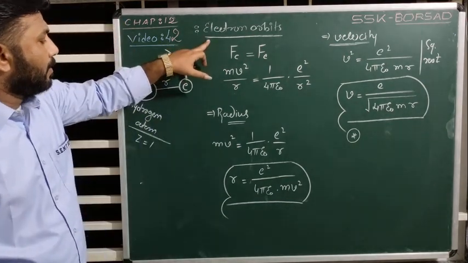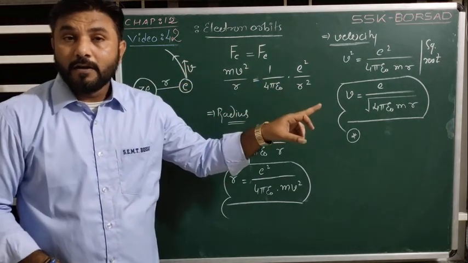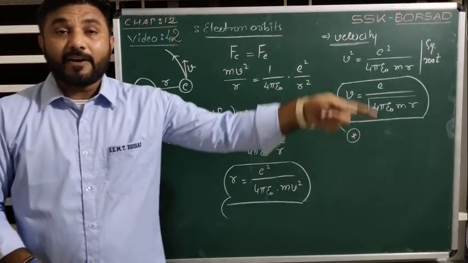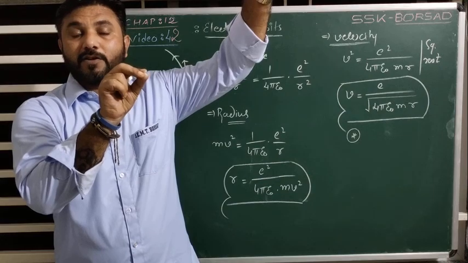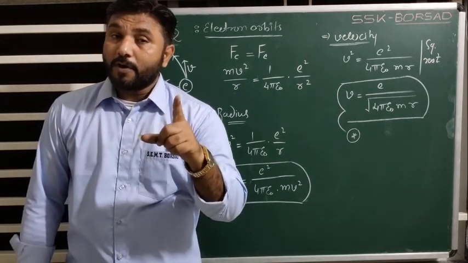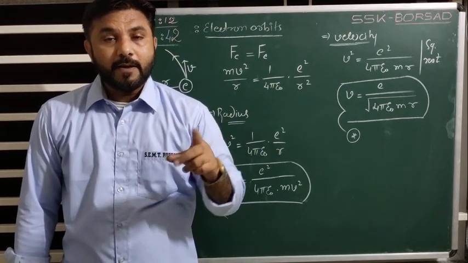To find the radius of the electron orbit. What is electron orbit? The circular path in which electrons are revolving around the nucleus, and that circular path is known as stable orbit. What is stable orbit? I will not repeat this definition. Okay?